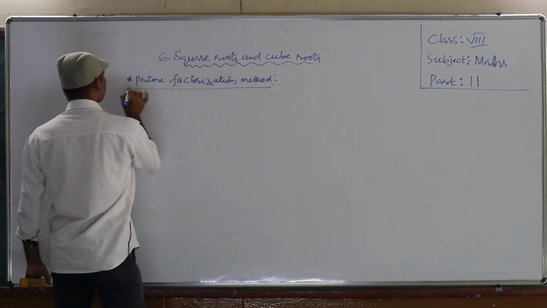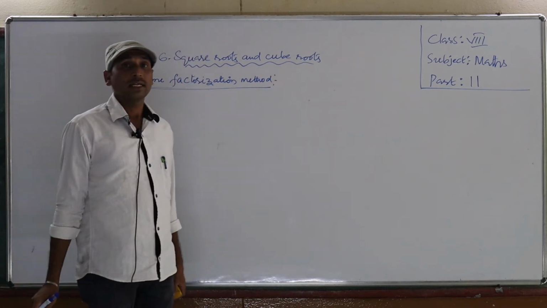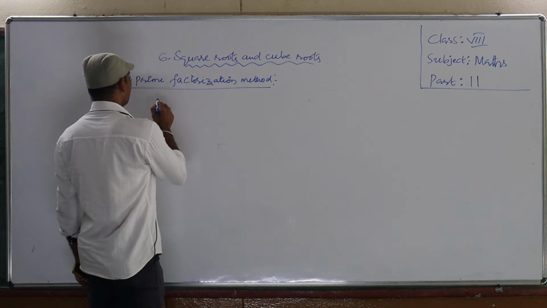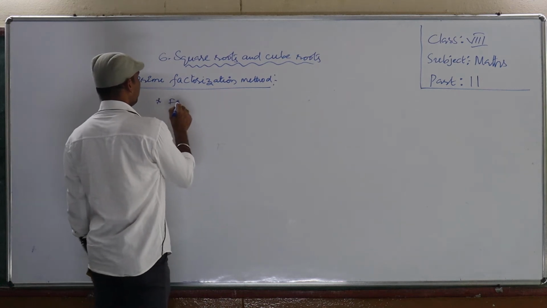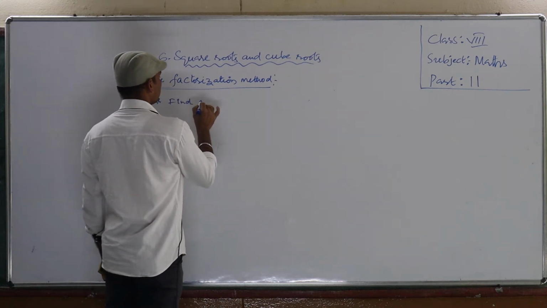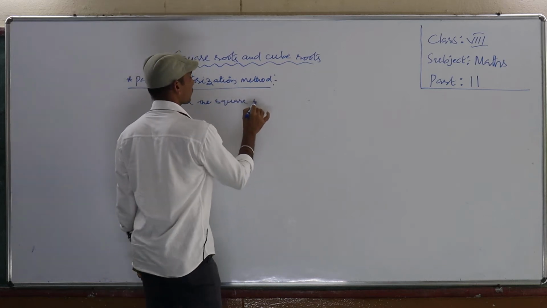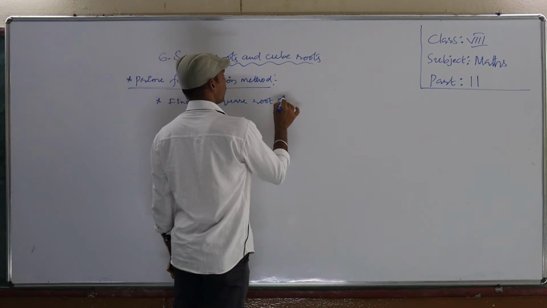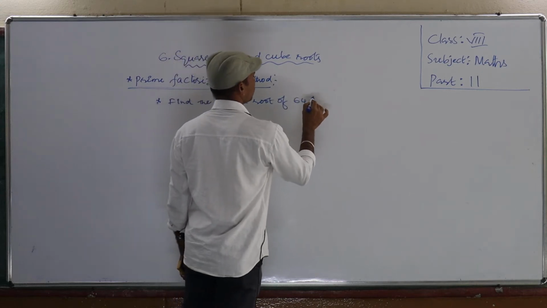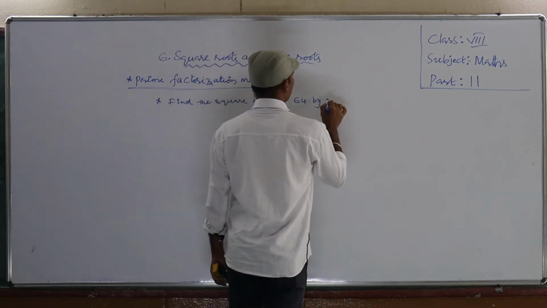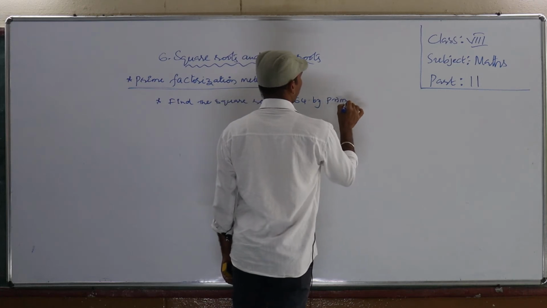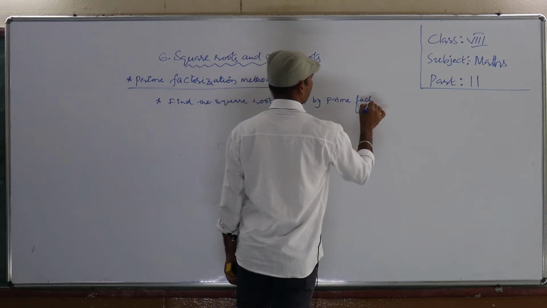So children, here I am taking a question: find the square root of 64 by prime factorization method.